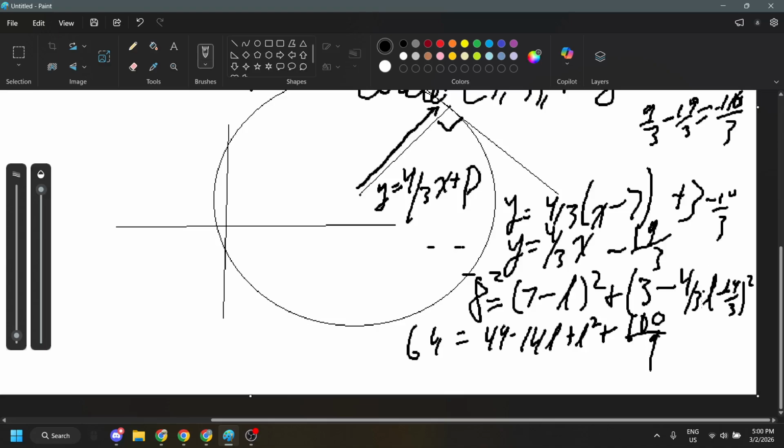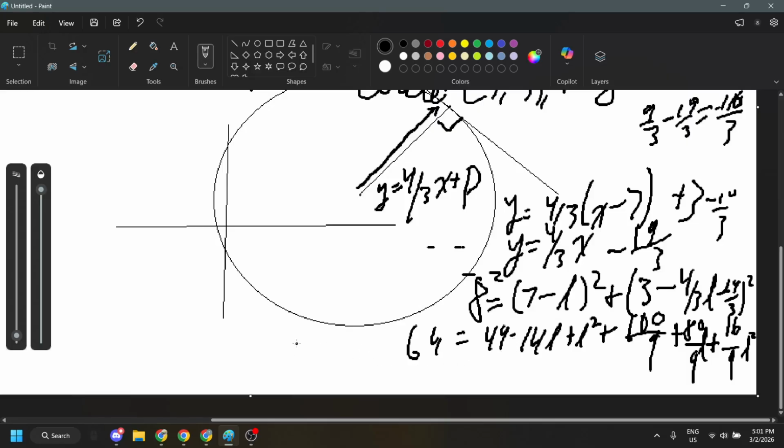Then multiply this times this. It's going to be 40 ninths times 2 is 80 ninths. Wait, did I do this right? Yeah. 80 ninths plus 16 ninths L squared. 80 ninths L. Okay.